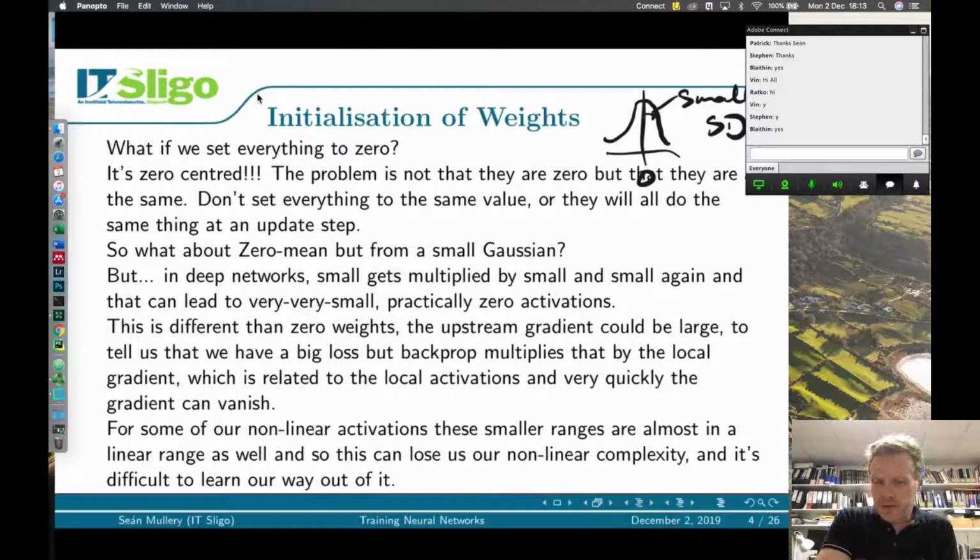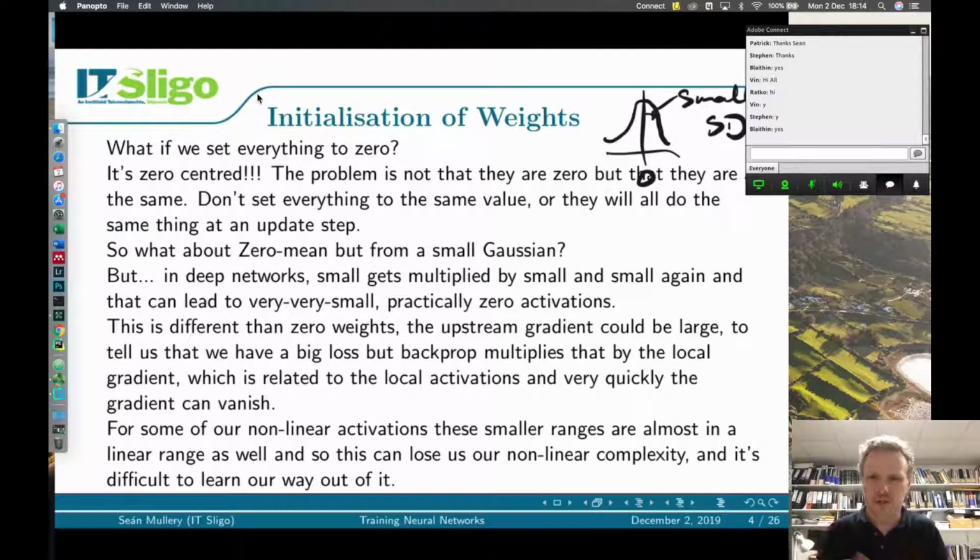In deep networks, when you've got very, very small weights, you'll get smaller values out as you go through the network, and each one of them is small. You get small multiplied by small multiplied by small, and that tends to accumulate, so numbers that are less than 1 tend to get smaller and smaller as they go.